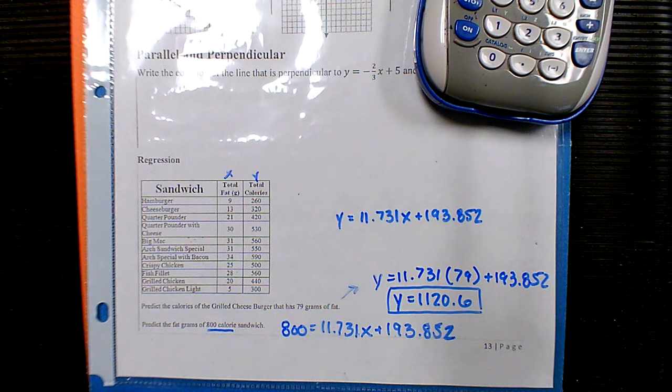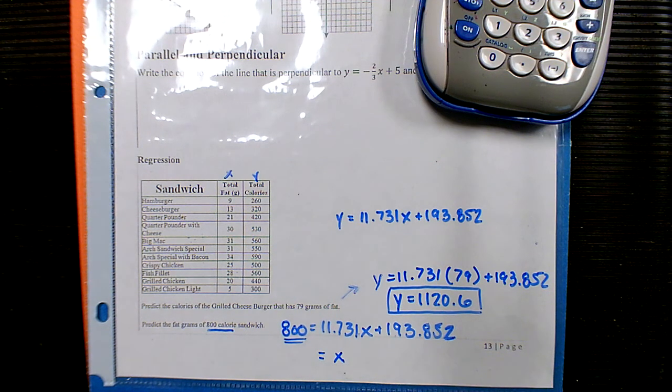In some of the examples we saw so far this year, if we plugged something on the left-hand side, couldn't we graph possibly both of these and find the intersection point? Remember doing that? That method is very nice when you have multiple variables, multiple x's, but since we only have one in this case, maybe algebra would be a little bit quicker. So let's go ahead and we can subtract over the 193, divide the 11.73.